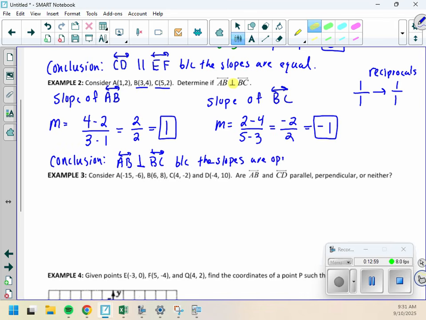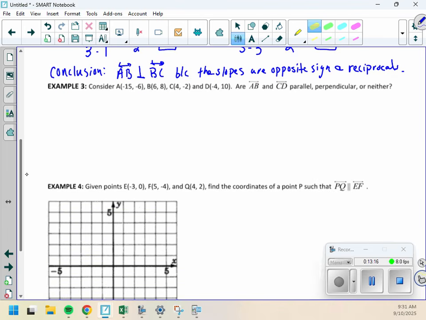Now let's move on to example 3. Consider points A, B, C, and D. We want to determine finally for AB and CD: are they parallel? Are they perpendicular? Or are they neither? Okay, so here we go. We're going to calculate the slope of AB using the slope formula.